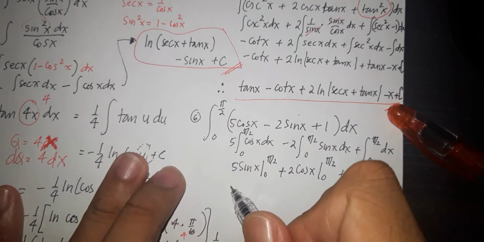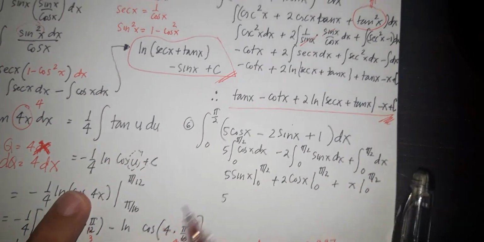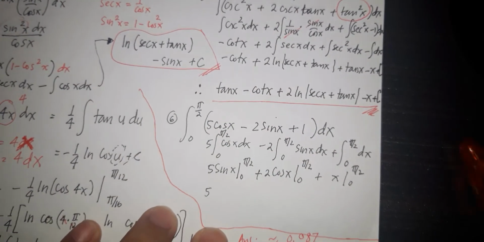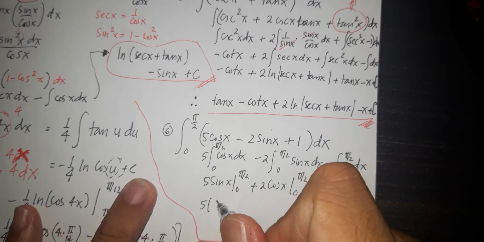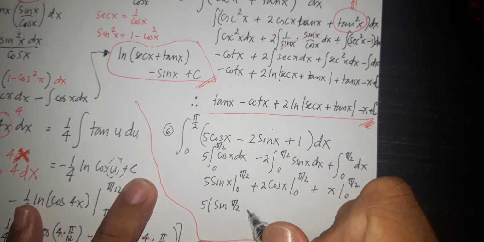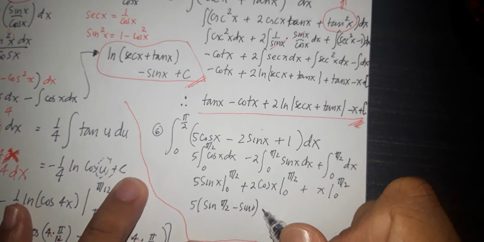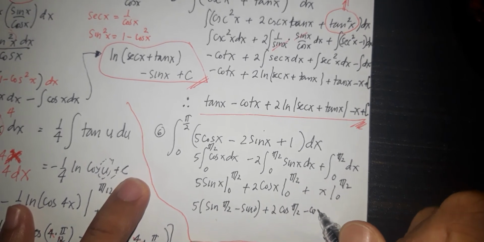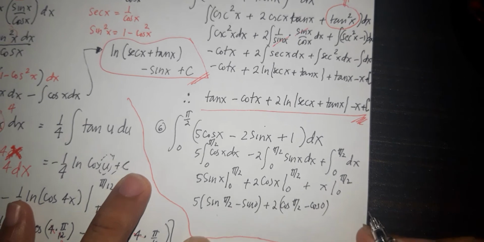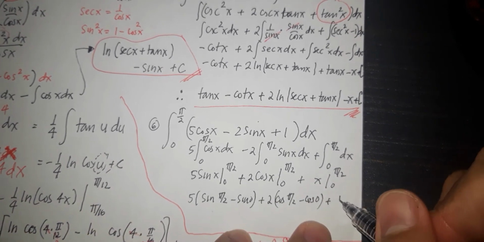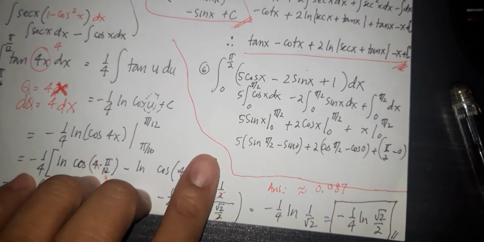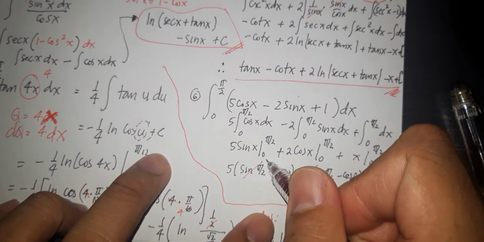So, applying the limits, that gives you 5. So, enclose lang muna natin to. So, 5 quantity sine pi over 2 minus sine 0, plus 2 cosine pi over 2 minus cosine of 0, upper minus lower, plus pi over 2 minus 0. Sine pi over 2 is 1.